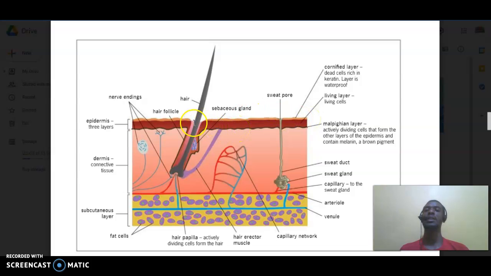Beside the hair follicle is a sebaceous gland, and the sebaceous gland produces what is called sebum, which is an oily substance that moisturizes the skin, keeps it moist, and allows it to have a waxy-like coating to prevent moisture from escaping.